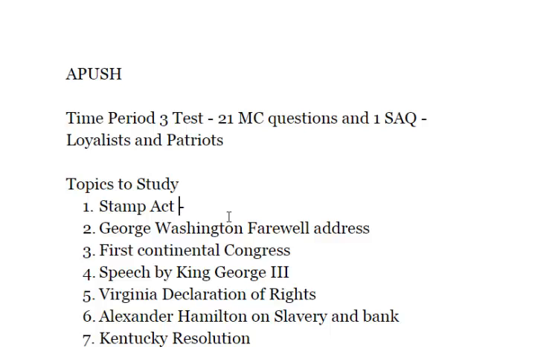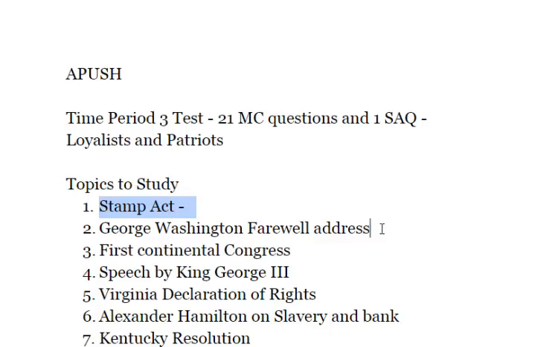Where did the idea of taxing come from by the king, and what were the reasons for them wanting to tax the colonies? So make sure you understand what the Stamp Act was, the purpose, how it got started, and a little background information, and you'll be good to go there.